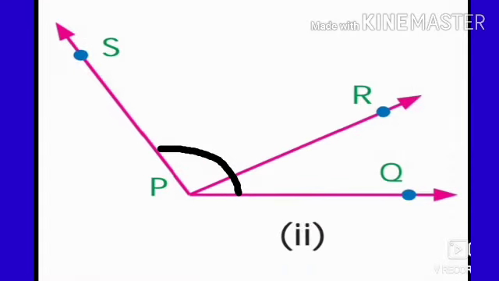And in the second case, if it is increased, angle QPS becomes an obtuse angle, which is greater than 90 and less than 180 degree.